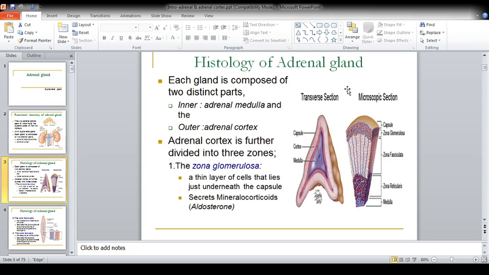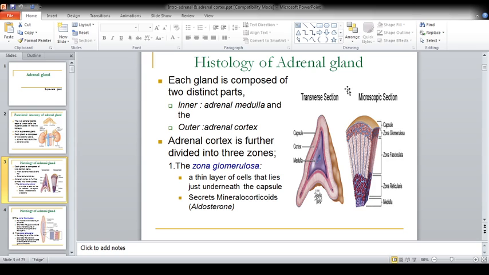Now let's talk about the histology of the adrenal gland. Each gland is composed of two distinct parts, the inner medulla and the outer adrenal cortex. Adrenal cortex is then further subdivided into three zones: zona glomerulosa, zona fasciculata, and zona reticulosa.